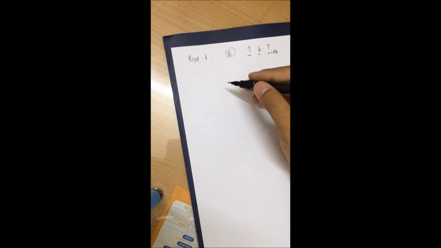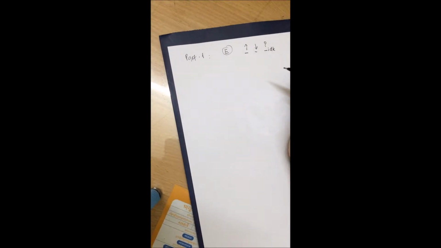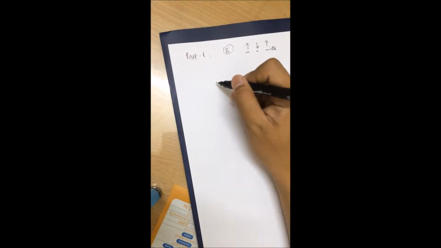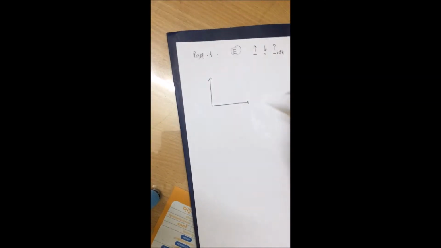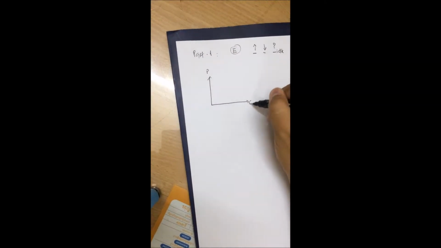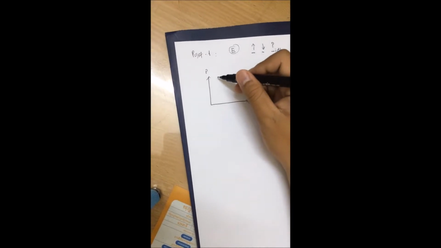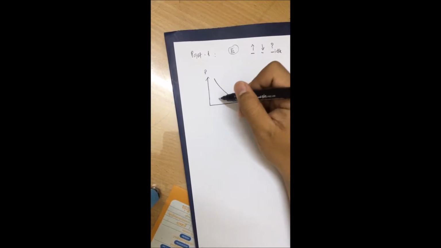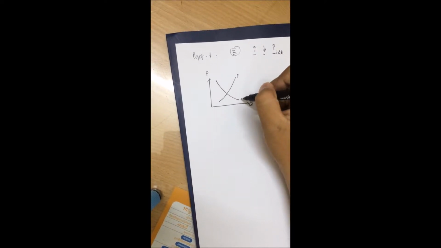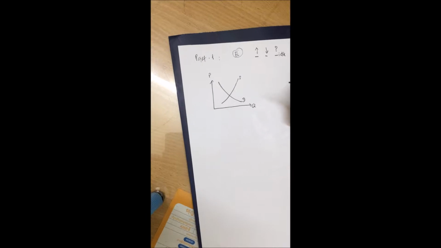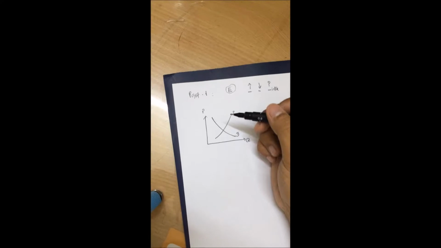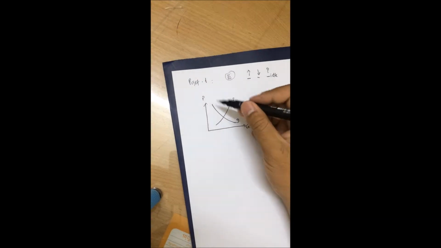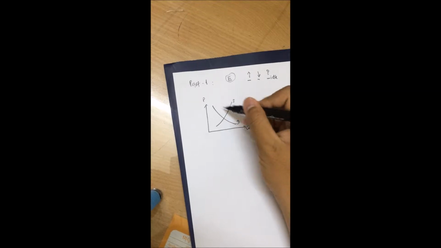All you need to do first of all is to draw out your graph, and that graph must contain two things, just like what we did. This one is P, this one is Q. The one going up is S, the one going down is D. You can just draw it by yourself, and it doesn't mean the D should be here or whatever.